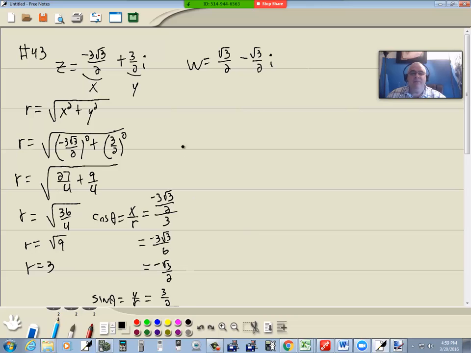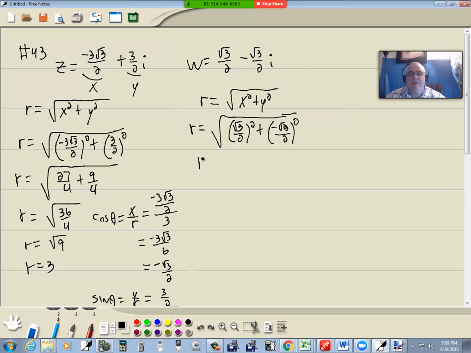Okay, now we do the same thing for W. So we've got R is equal to the square root of x squared plus y squared. We've got R is equal to square root of square root of 3 over 2 squared plus negative square root of 3 over 2 squared, which gives us square root of 3/4 plus 3/4. Wait a minute, let me double check myself. So I know this comes out in unit circle.